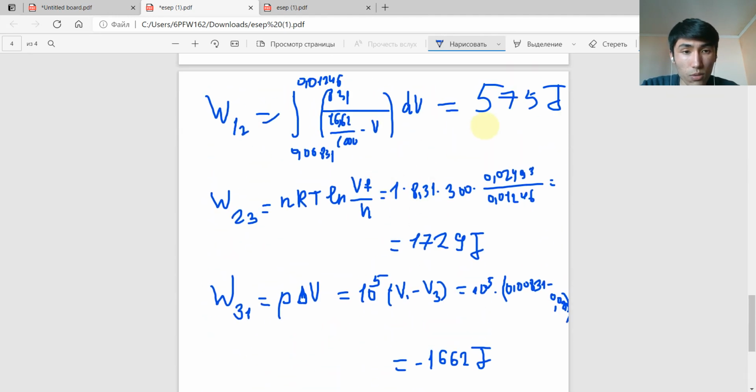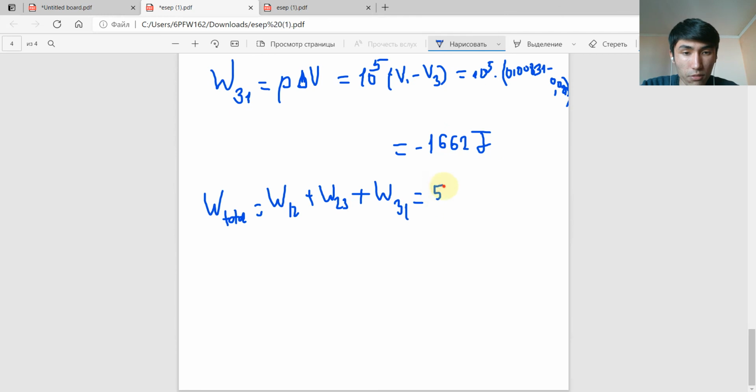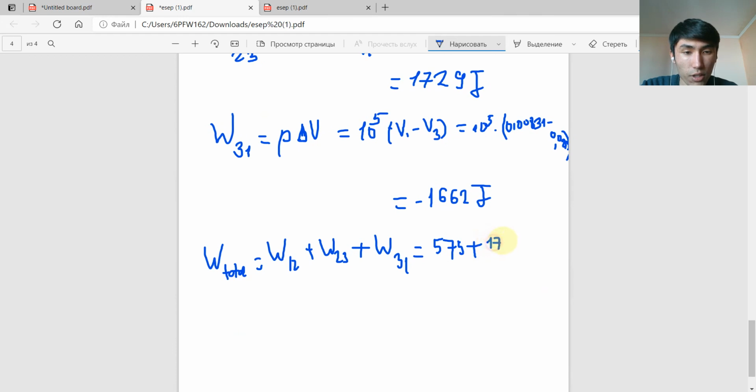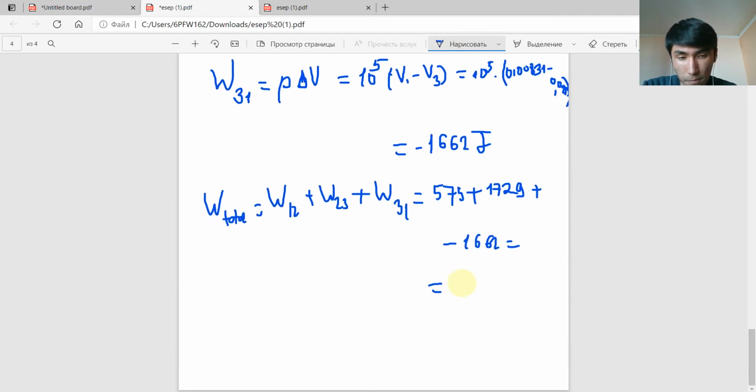So W12 equals 575 joule, plus W23, 1729, plus this number, right? This is minus, so here will be minus 1662 joule. So here will be approximately 642 joule.